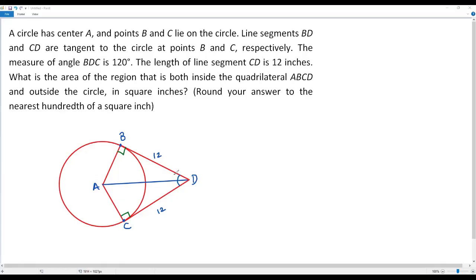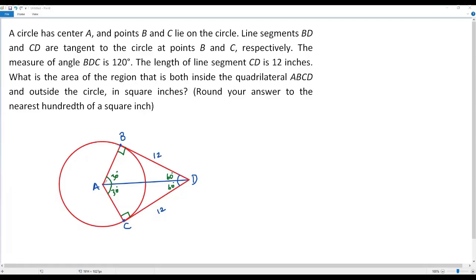The measure of this angle is 60 degrees and the measure of this angle is 60 degrees. Then what is the measure of this angle? It has to be 30 degrees, because here we have a right angle, 90 degrees, here we have 60 degrees, so it must be 30 degrees so that the three interior angles of this triangle add up to 180 degrees. The same holds here: we have a 30 degree angle, and 30 plus 60 is 90, 90 plus 90 is 180.